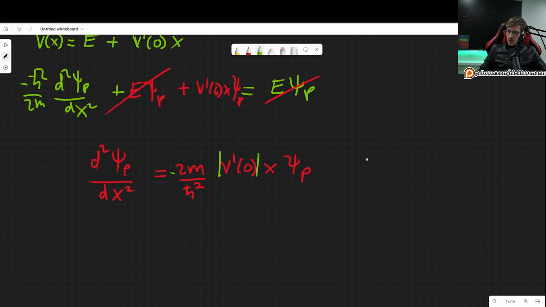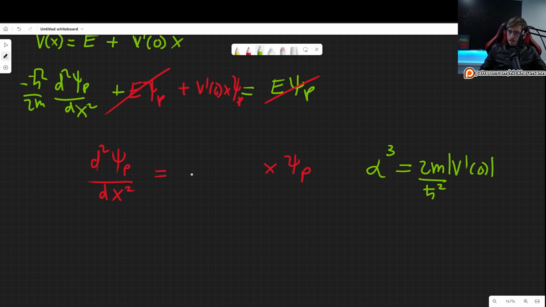So by doing that, we can now define alpha cubed, quite similar to what we did in the previous case, 2m over h bar squared, and this is V prime of 0, but of course in absolute value. So by doing that, we get that this thing right here is simply minus alpha cubed times x.